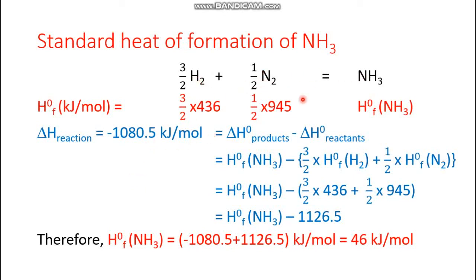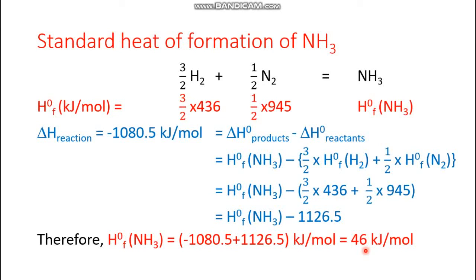For this reaction, the observed value is minus 1080.5 kilojoule per mole. In the same way as we did in the case of carbon monoxide, we can do this here also. The standard heat of formation of ammonia is unknown, but these two values are known to us. So these values have been put here, and finally by solving we get 46 kilojoule per mole.